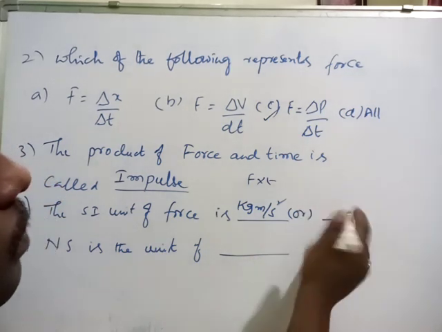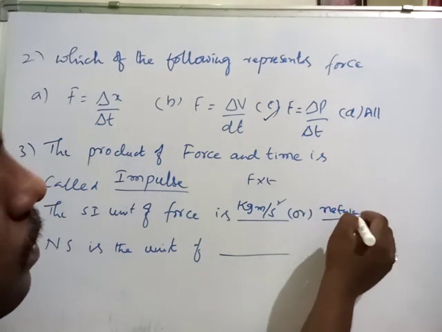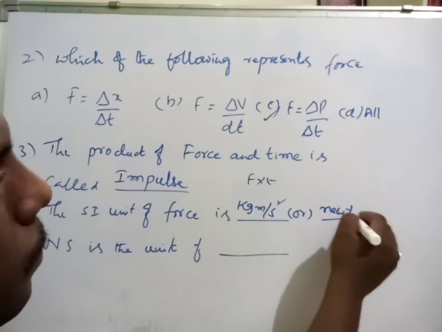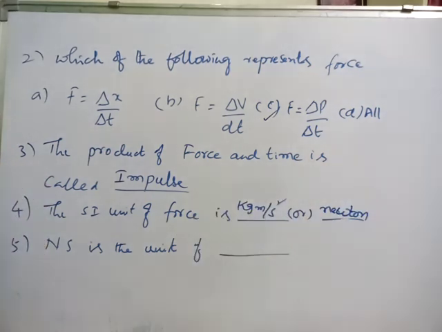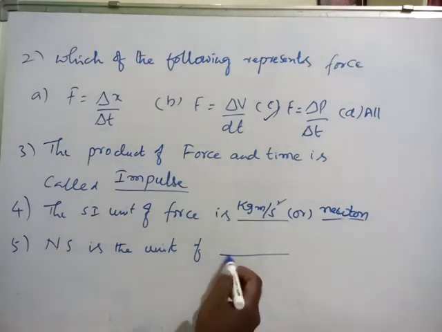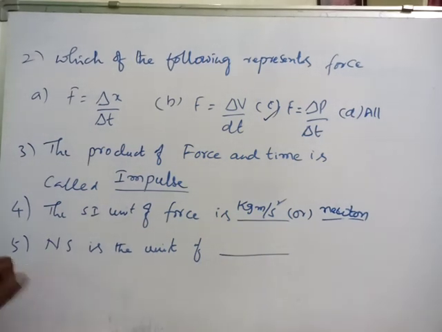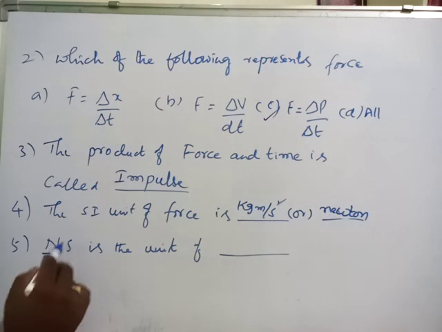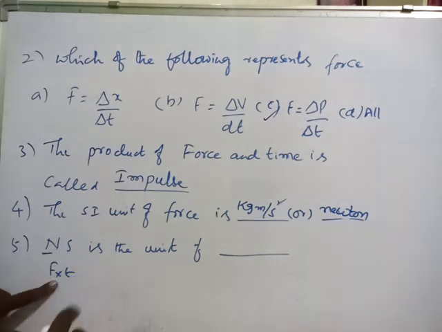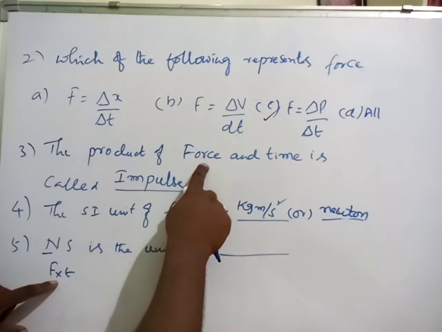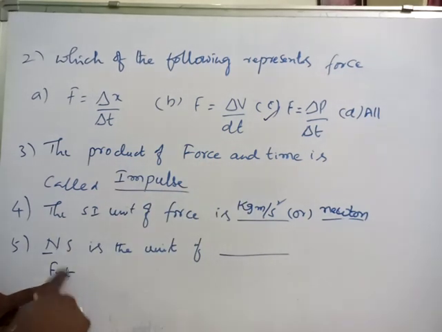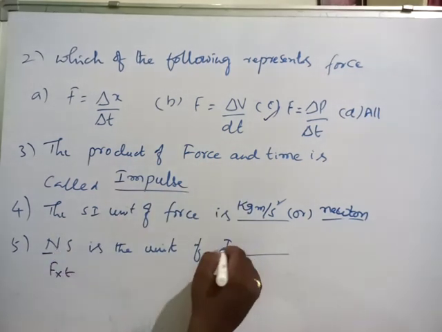Next, Ns means Newton second. Newton second is the unit of dash. Newton is the unit for force, second is the unit of time, so F into t. The product of force and time is what we call impulse. So Ns is the unit of impulse.